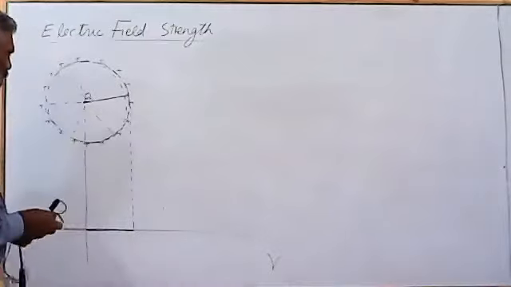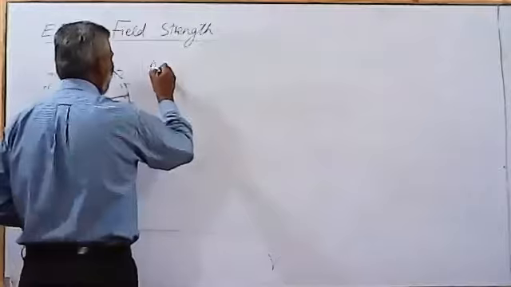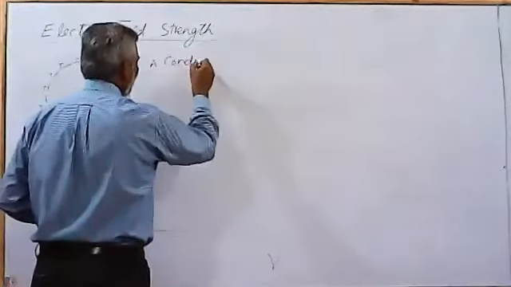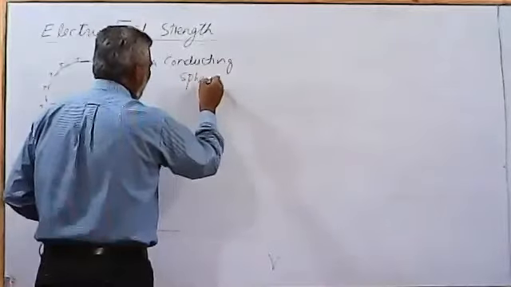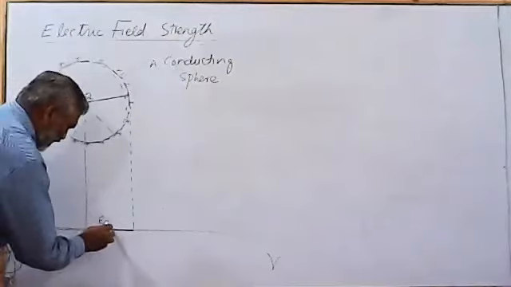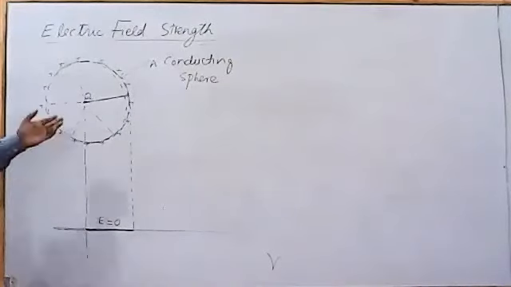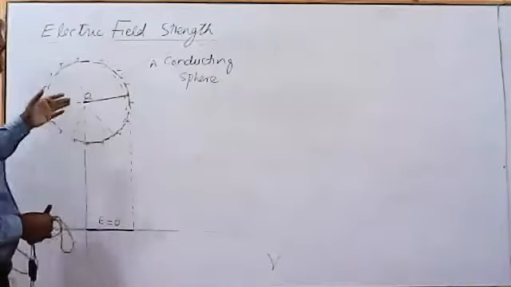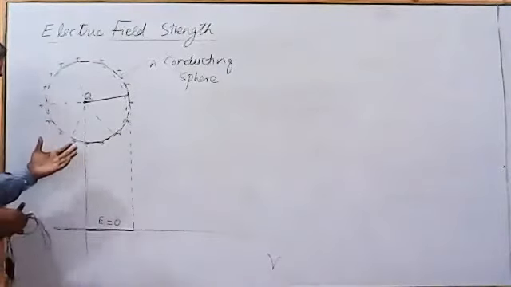You will always remember that a conducting sphere always has zero electric field inside it. There is no charge inside, it's hollow, and you have given this charge on the surface of it. So there is no charge inside, no electric field inside.